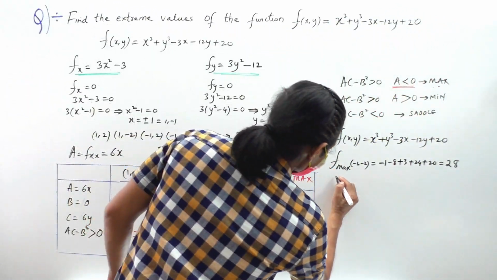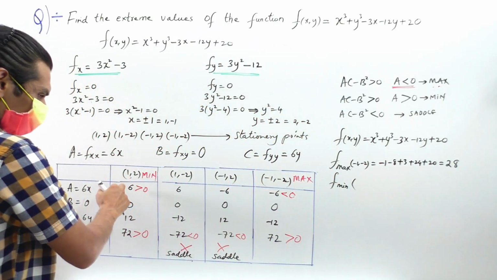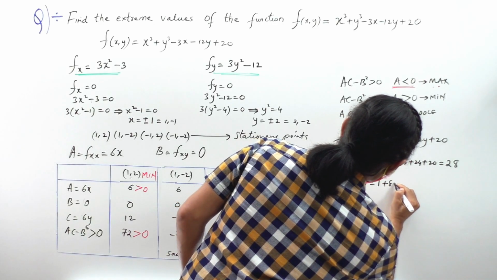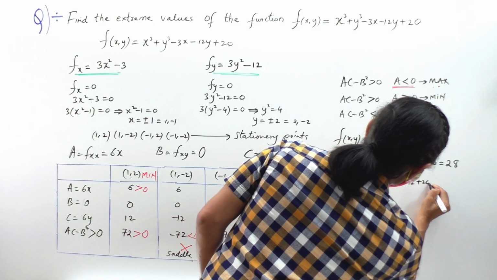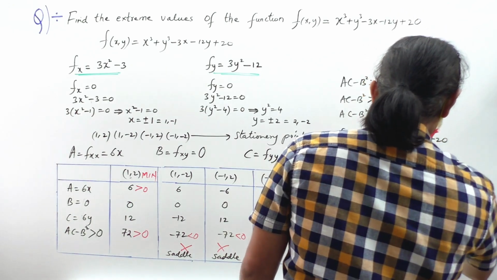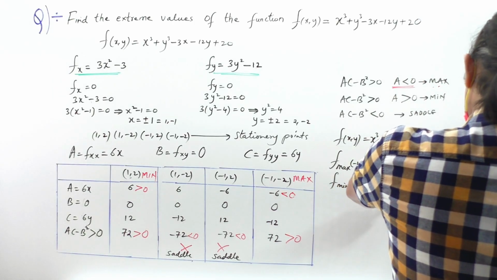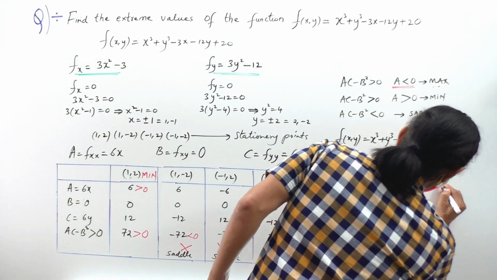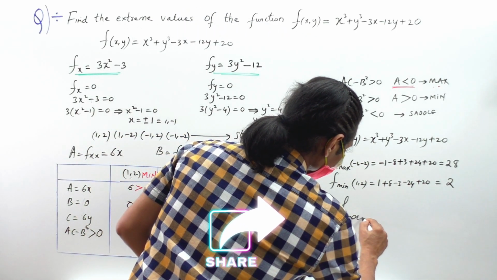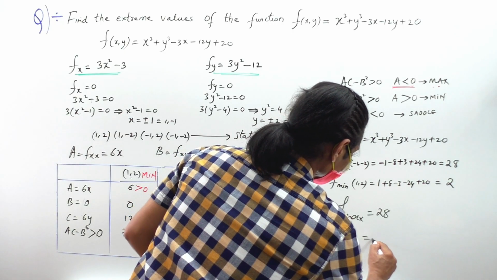And similarly, f minimum occurs at the point 1 comma 2. So, we have 1 plus 8 minus 3 minus 24 plus 20. So, we get how much? 2. Therefore, f maximum is equal to 28 and f minimum is equal to 2.